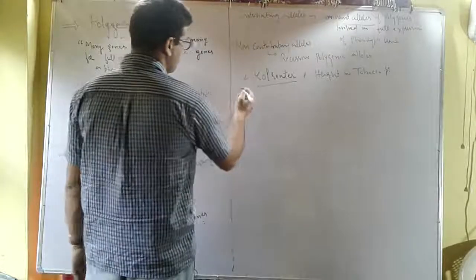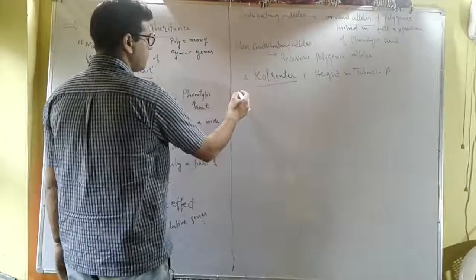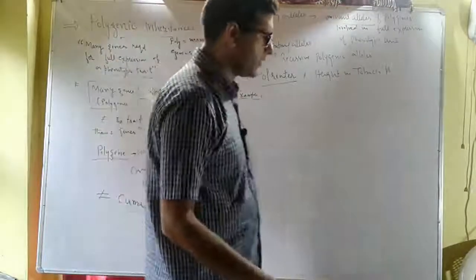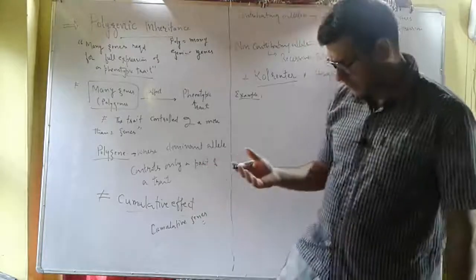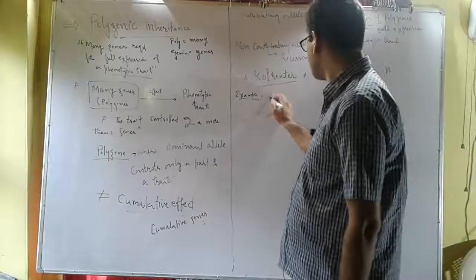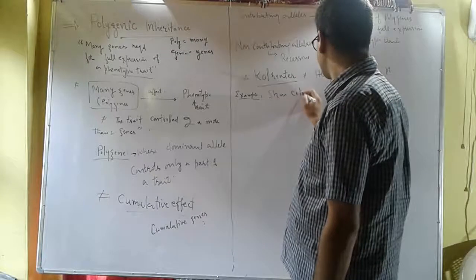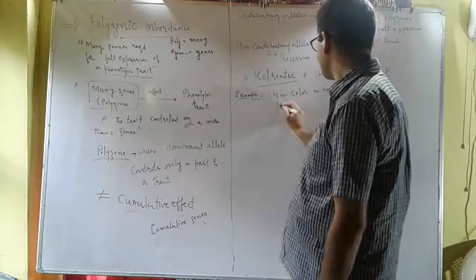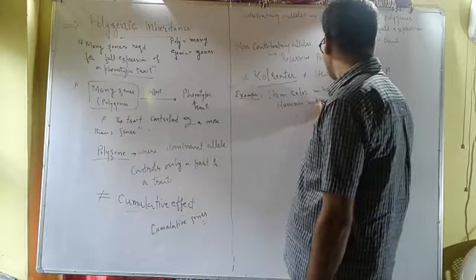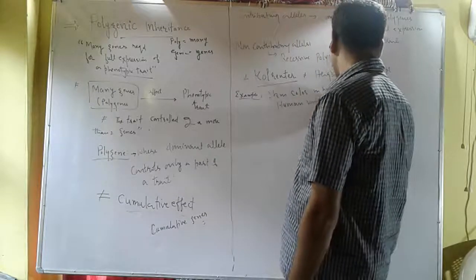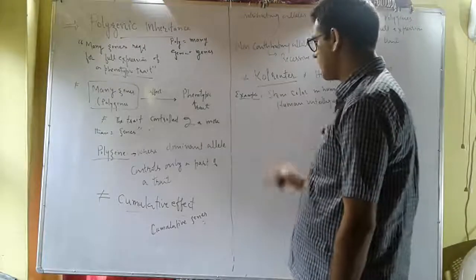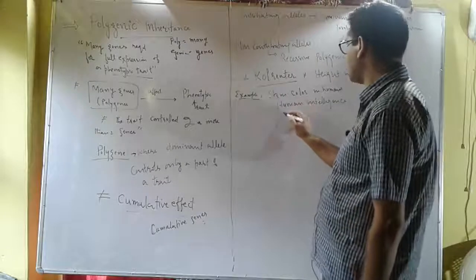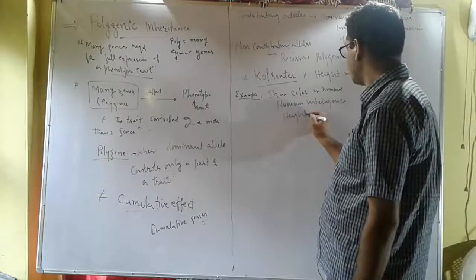Then we have examples of polygenic inheritance. We have examples like skin color in humans, human intelligence, then height in humans.